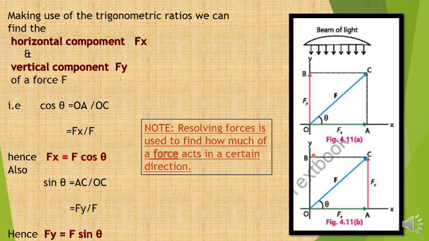Cos theta is equal to OA over OC. That is, base over hypotenuse. So here we have Fx over F, and by giving it the form of an equation, we get Fx, the x component of force F, is equal to F cos theta.